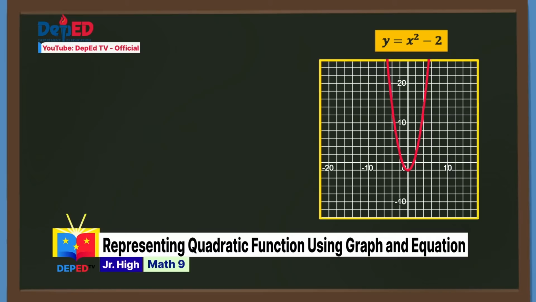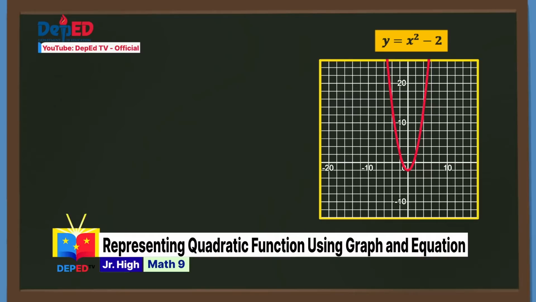The graph that we see opens upward. This is because in the function that is represented by the equation y is equal to x squared minus 2, the value of a, the coefficient in the quadratic term x squared, is positive. A parabola has one turning point.